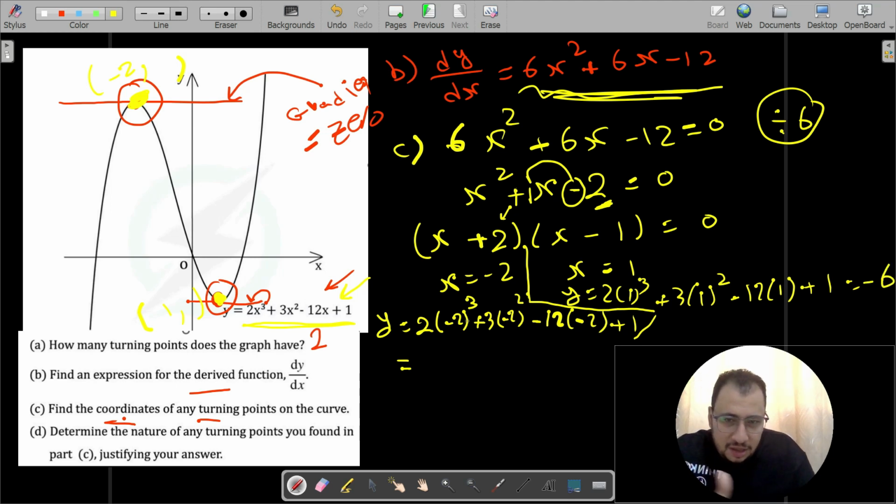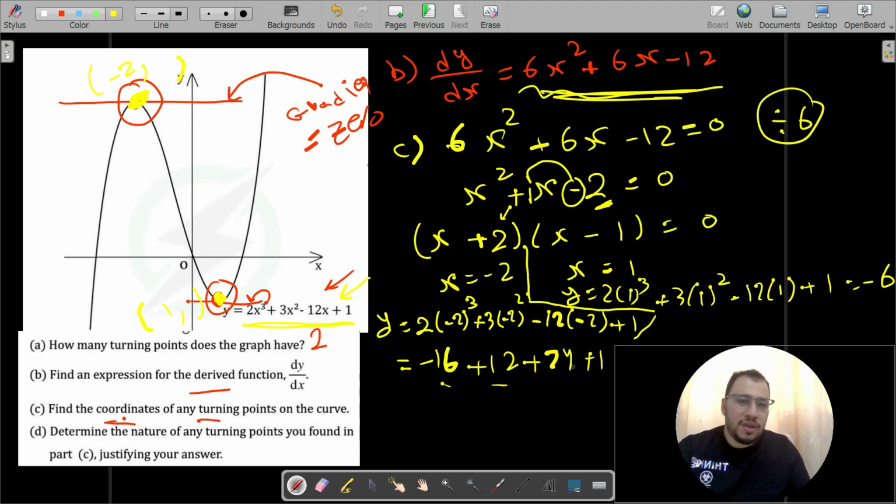And here let's do that together because no calculator is available now. So this is 2 multiplied by negative 8, this is negative 16, plus 12, and here plus 24 plus 1. Negative 16 plus 12 is negative 4, plus 24 is 20, plus 1, so this is going to be 21.